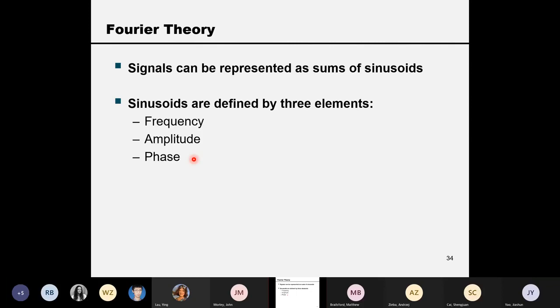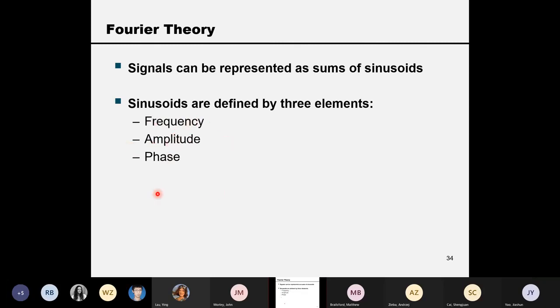One is frequency. Each individual sine or cosine function, each sinusoid, has a constant frequency, which is a constant periodic property, and the amplitude and the phase, right? So for each frequency, you have a corresponding amplitude and a corresponding phase.